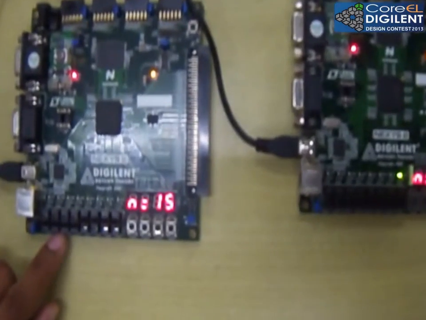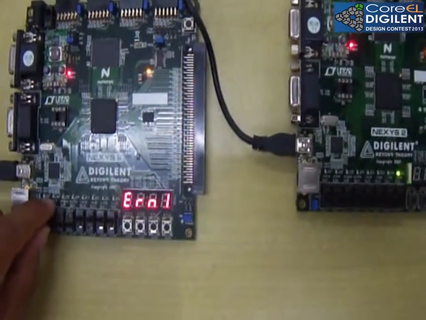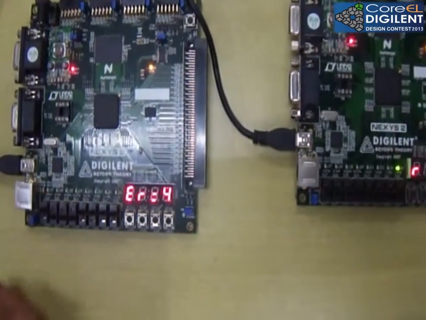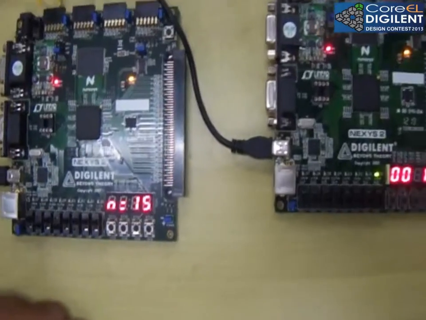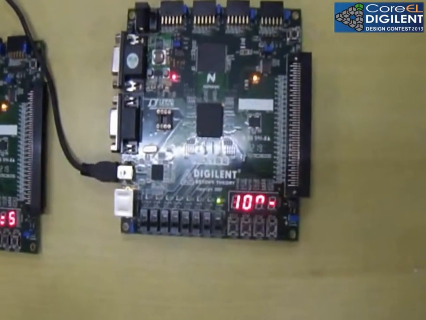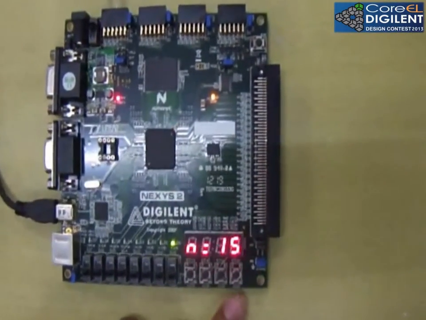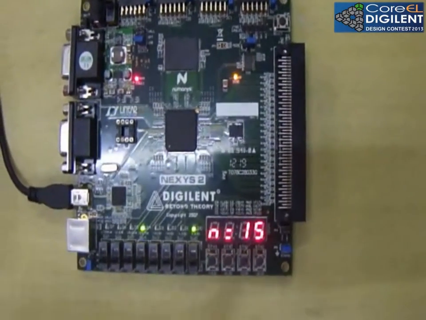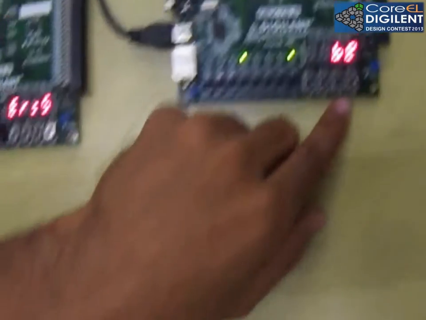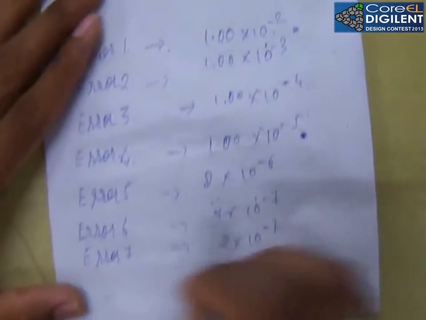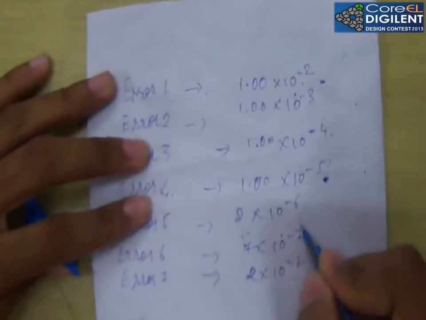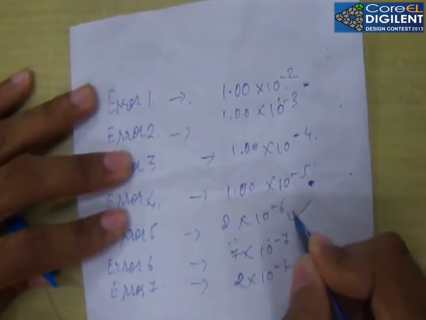Now I am introducing errors in the data. Right now I am introducing error number 5. For this introduced error, we will get an error rate at the receiver side, that is 2 into 10 raised to minus 6.